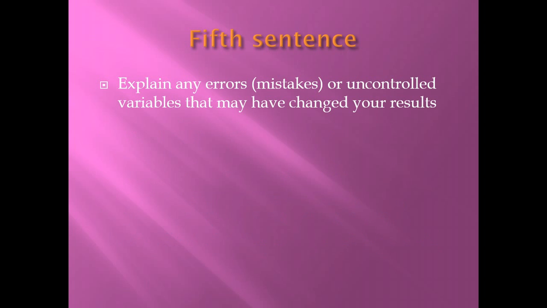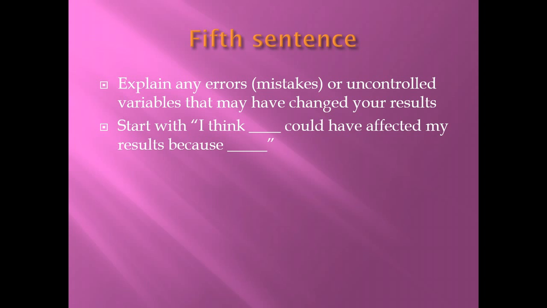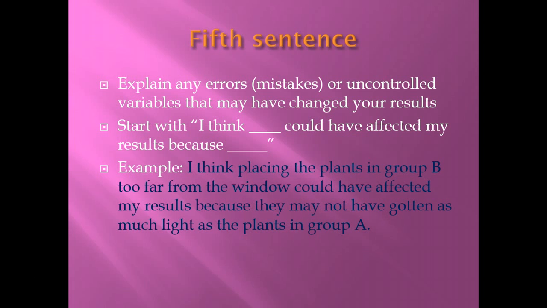And our fifth sentence is where we explain any errors or mistakes or uncontrolled variables that may have changed the results in your experiment. Start this sentence with, I think blank could have affected my results because blank. So in the fertilizer experiment, I might have said this.